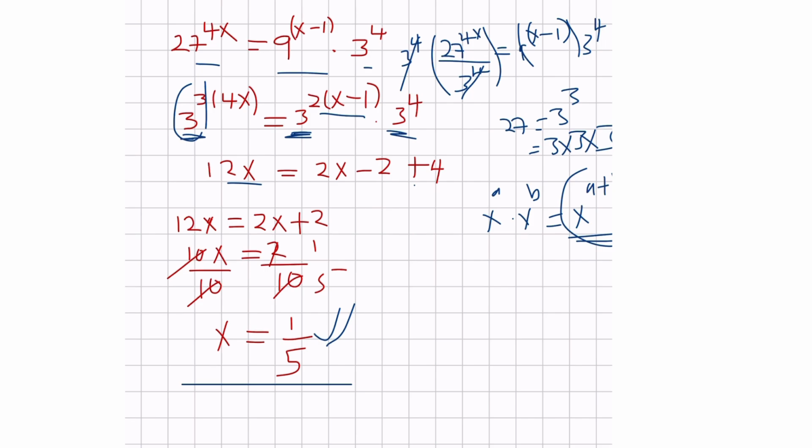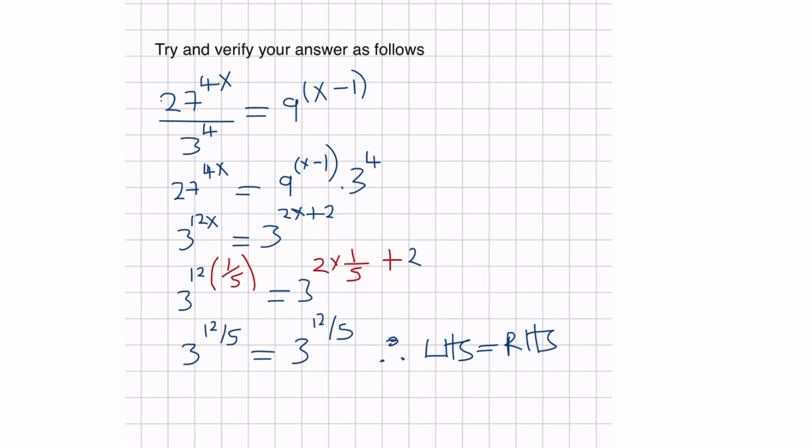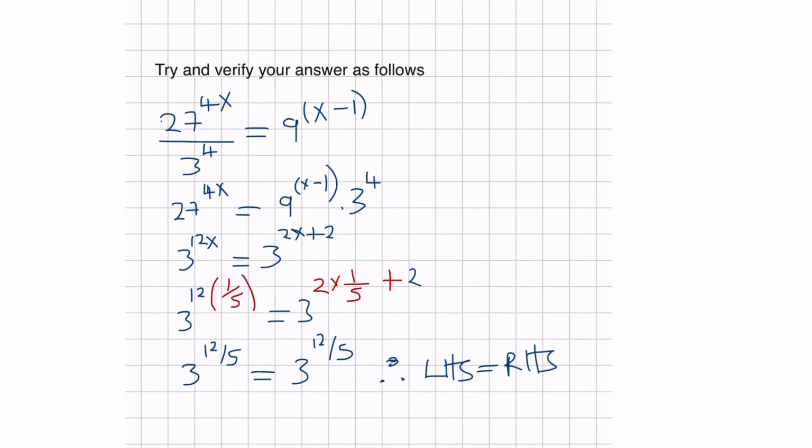On a rough paper, you can quickly try to see whether you have done the correct thing or not. So how do you go about doing that? For us to be able to verify our answer, we've got our original equation here, which was written 27 to the power of 4x over 3 to the power of 4 equal to 9 to the power of x minus 1.